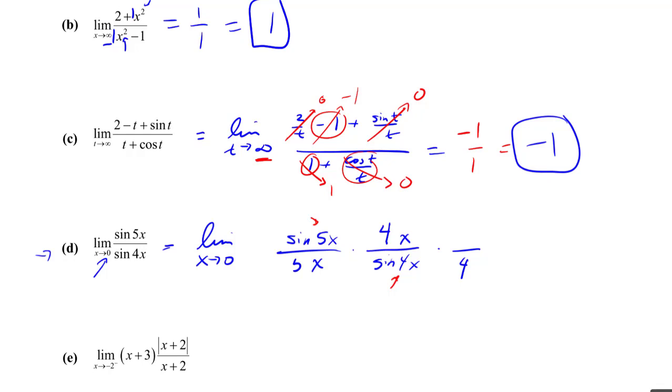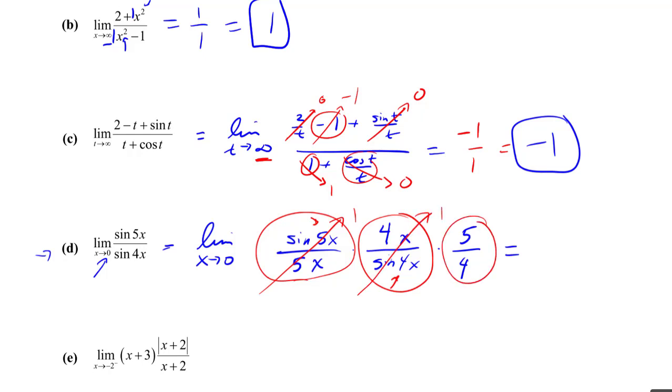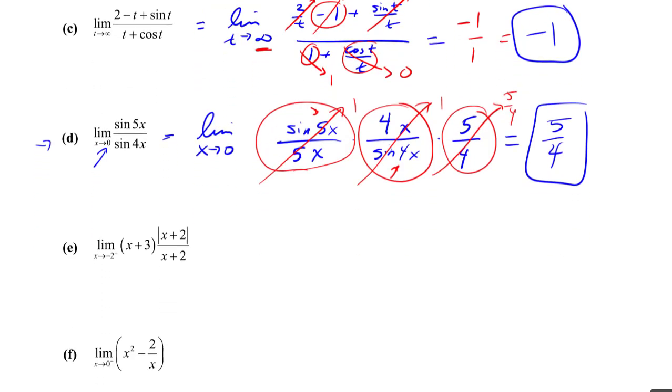And if I want to put a 5 down there with the sine 5x, I would have to put a 5 there. Then all we're going to do is take the limit of each one of these terms. As x goes to 0, that's a special limit, sine kx over kx, and it goes to 1. Kx over sine kx is a special limit that goes to 1. And this is a constant, 5/4. So in the end, I get 5/4.